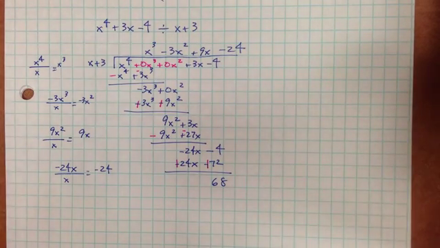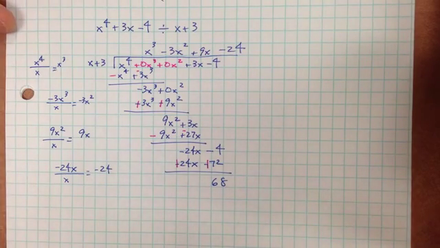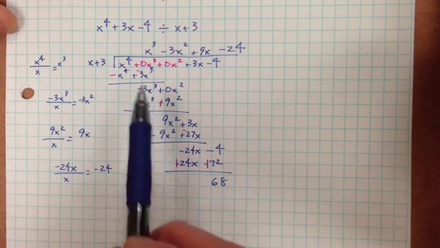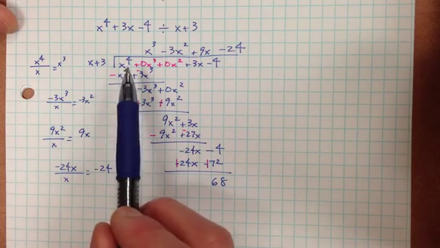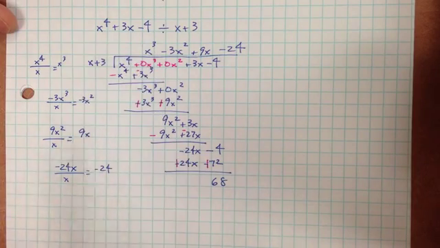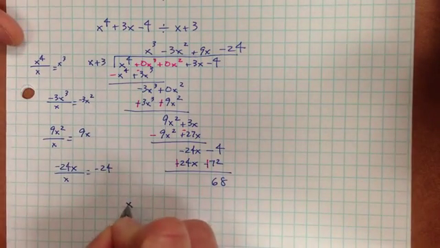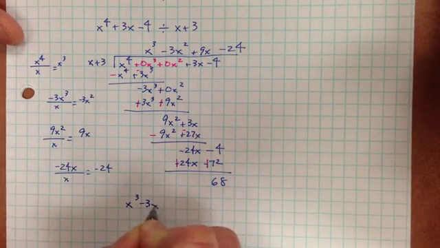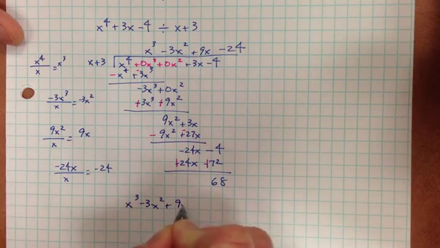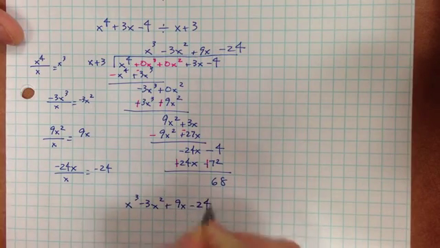So, one way of showing this is, hey, we've divided x plus 3 into x to the 4th plus 3x minus 4. Well, how many times does it go in there? It goes in there x cubed minus 3x squared plus 9x minus 24.